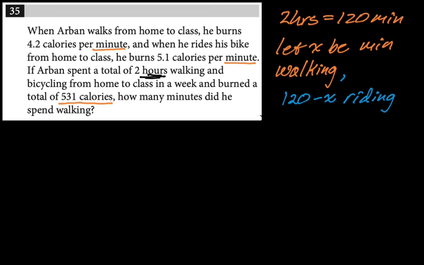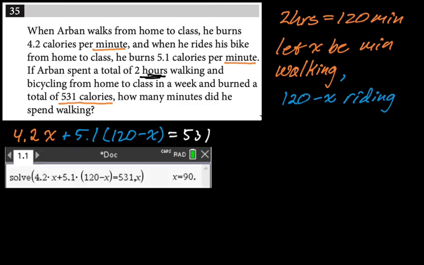It's 4.2 calories per minute while walking times X minutes, so 4.2 times X. And then 5.1 calories per minute while riding, so that'll be 5.1 times (120 minus X). Make sure you have those parentheses there or it's not going to work. And then the total calories is 531.